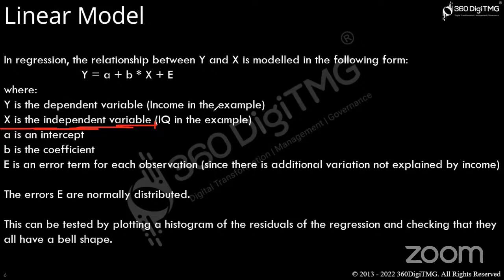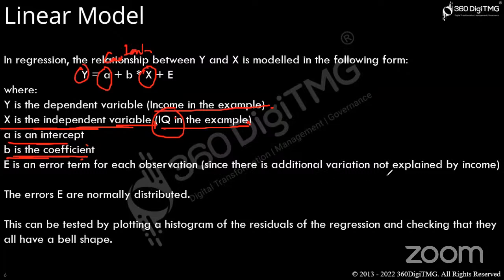In the example we have discussed here, we have income as y, and the input, that is the independent variable, we are taking as q. a is an intercept, the y-intercept, you can call it a constant. And b is the coefficient of this feature x, that is the feature q. And e is the error term, the additional variance not explained by the income. It is an error term.